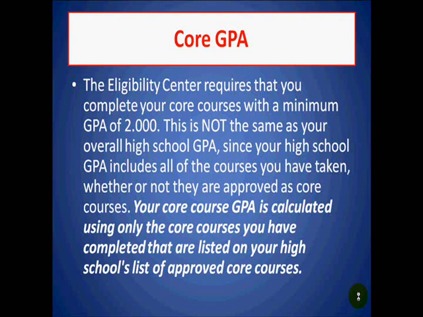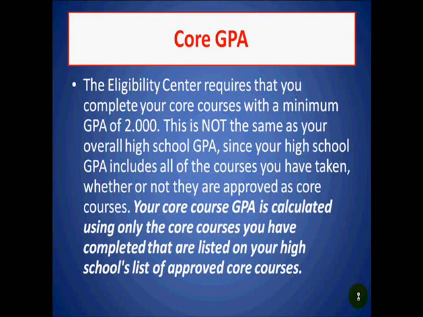The Eligibility Center requires that you complete your core courses with a minimum GPA of 2.0. This is not the same as your overall high school GPA, since your high school GPA includes all the courses you've taken, and the core GPA includes just the core courses. Your core GPA is calculated using only the core courses you have completed that are listed on your high school's list of approved core courses.